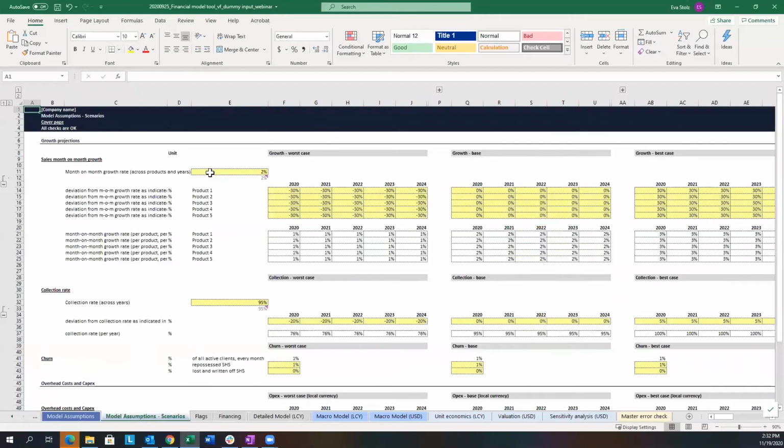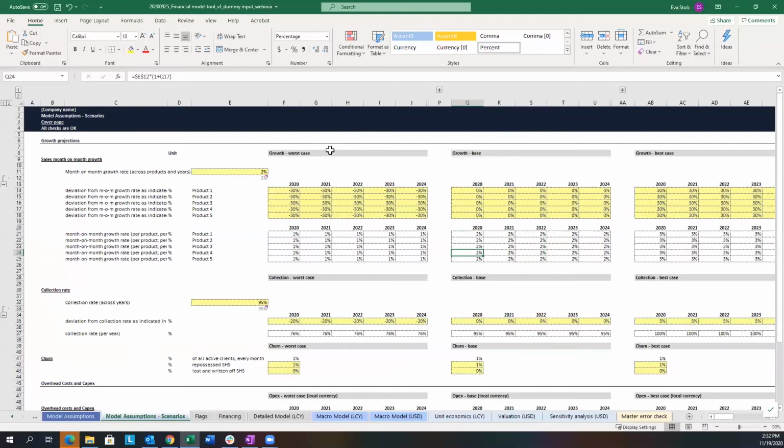And say, I mean, here we already have a number in, but we say that our overall month-on-month growth rate is 2%. Now, if I think that in the base case, this is the same across the years and across the different products, I indicate 0 deviation from the month-on-month growth rate, 0%. So here you can see it's 2% for each year and each product.